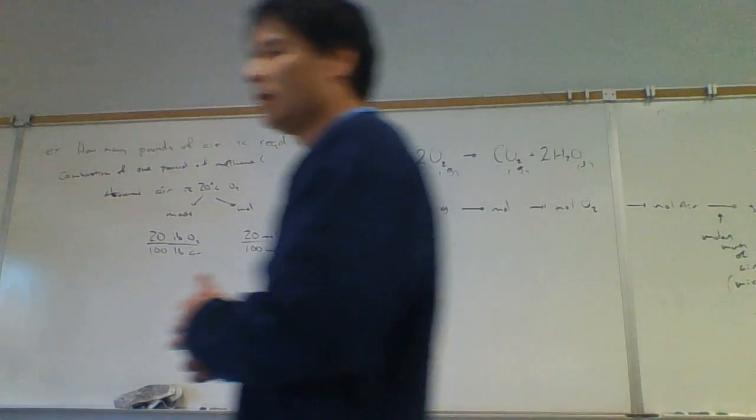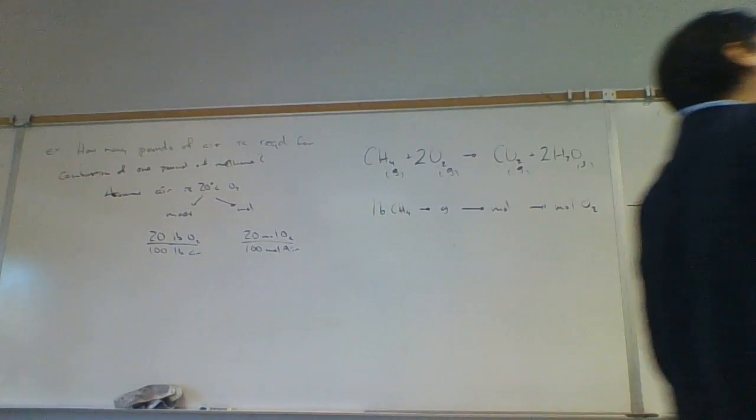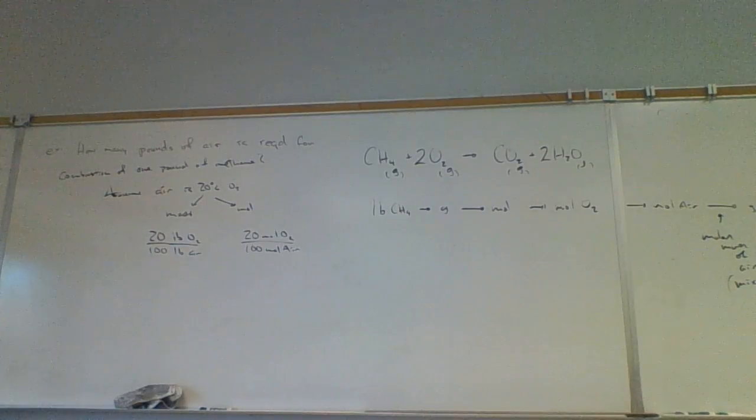Actually, let's see how far off we're going to be. I'm making an assumption just to simplify the calculation. I'm going to accept this bit of error, or bit of uncertainty in here. But let me just give you a more exact concentration. And the concentration also depends on the relative humidity of the air as well, because depending on how much water vapor is in the air, it will change all the other percentages.